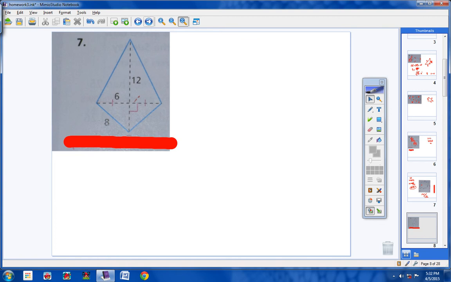Now, would you please notice we have a quadrilateral. 1, 2, 3, 4 sides, quadrilateral. And notice the diagonals are perpendicular. Well, remember, anytime you have a convex quadrilateral in which the diagonals are perpendicular, the area is 1/2 times one diagonal times the other diagonal.